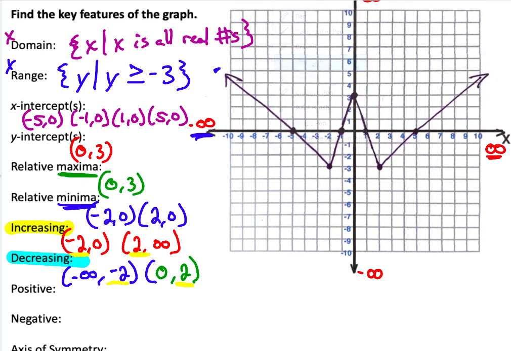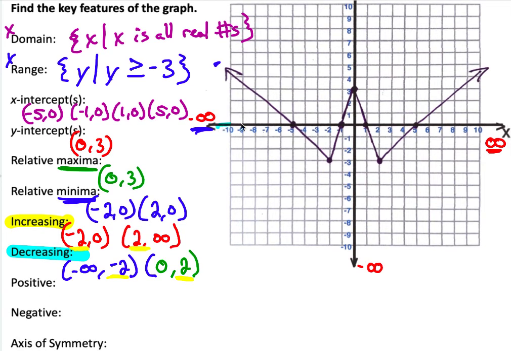All right, almost done. Now I've got positive and negative. So now I'm not worried about whether it's going up or down. I just care about where is it in relationship to the x-axis. When is it above and when is it below? Well, here it's positive, here it's positive, and here it's positive. Those are all sections that are greater than 0, above the x-axis.